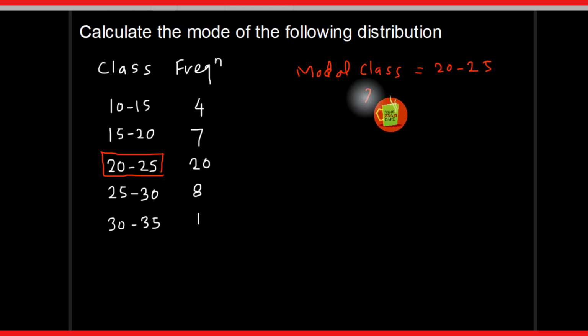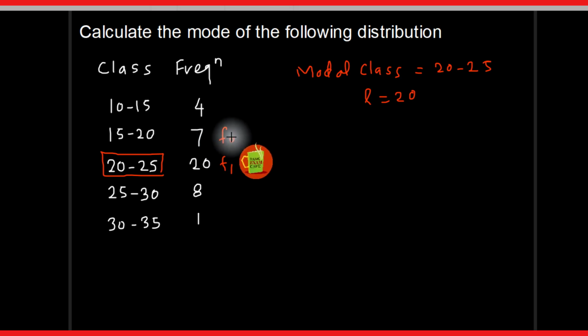Then the lower limit we need, so L, lower limit, will be 20. Then we take F1. F1 means the frequency of the modal class. This is the modal class, so its frequency is 20, and the previous frequency we denote by F0, and the next frequency we denote by F2.